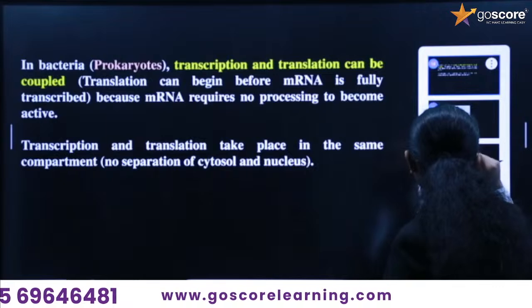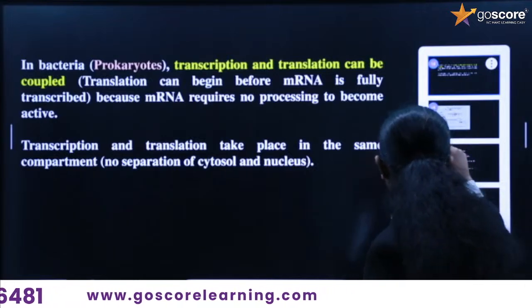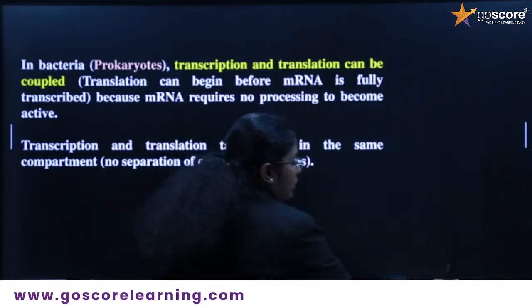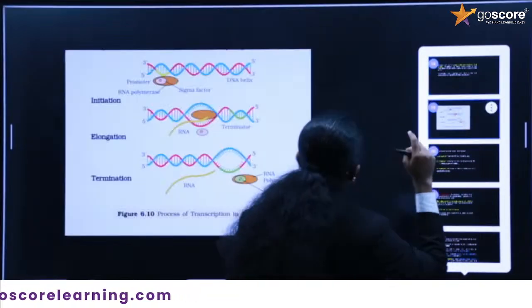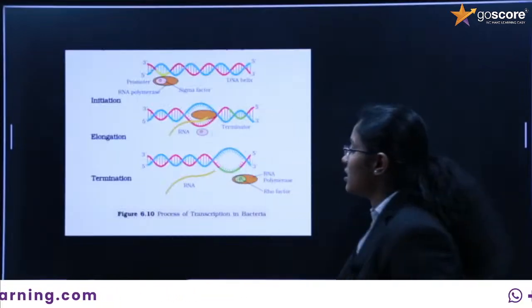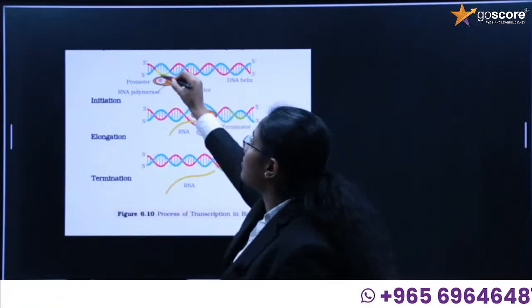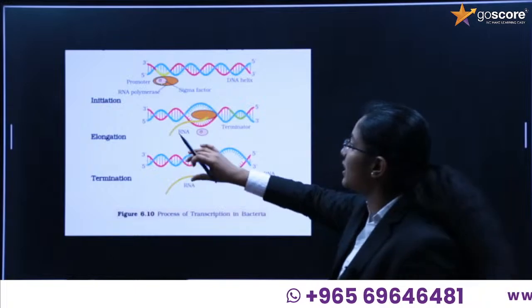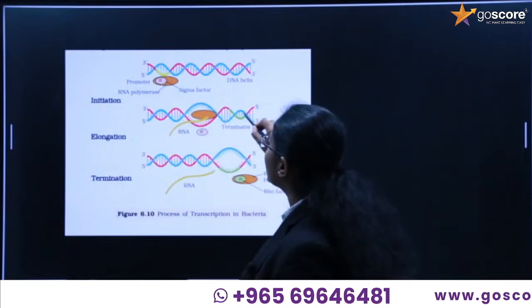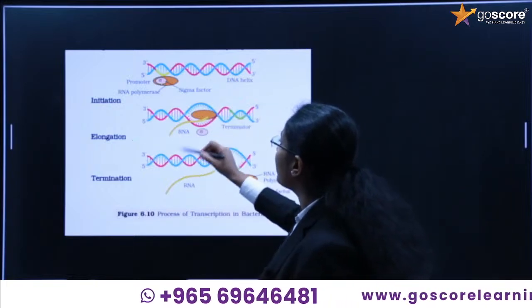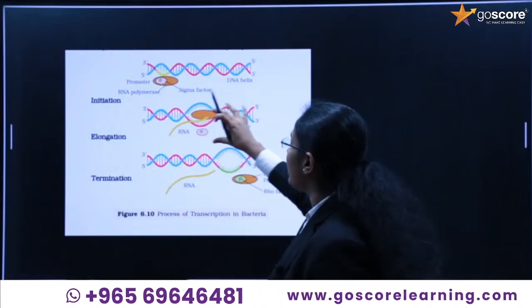Let's see the steps involved in eukaryotes. Before moving into eukaryotes, look at the initiation, elongation and termination process. See, this is the sigma factor. The sigma factor comes and joins to the promoter region. In elongation, the sigma factor will be removed, so the polymerase enzyme will be moving on.